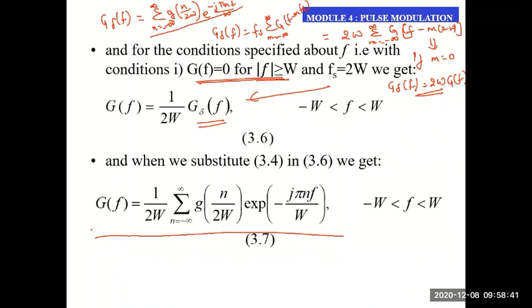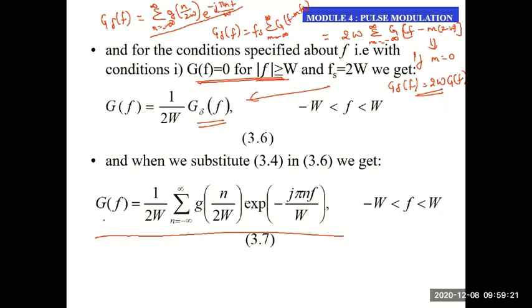So this is one step. This means that if the sample values g of n by 2w of a signal g of t are specified for every value of n, then the Fourier transform g of f of the original signal can be uniquely determined from its samples. That's the implication of this equation. This equation 11 is also called a discrete time Fourier transform.